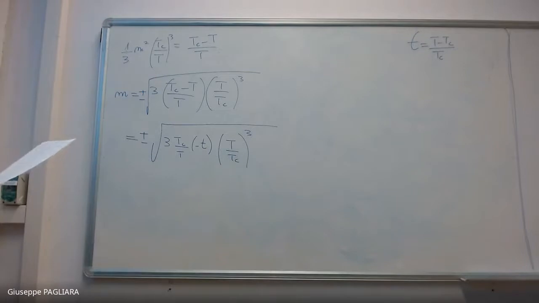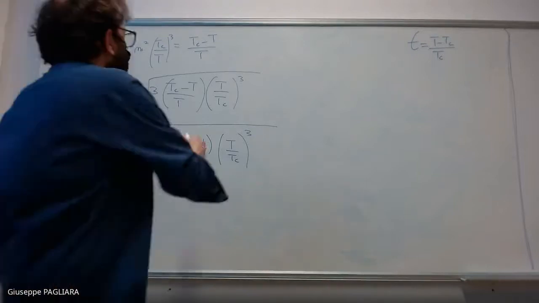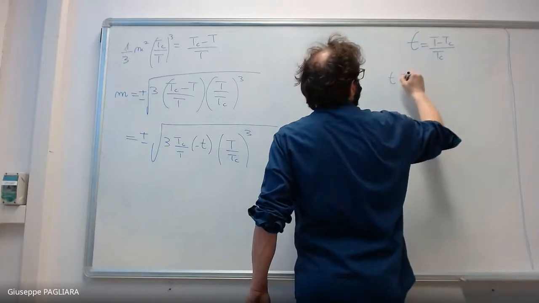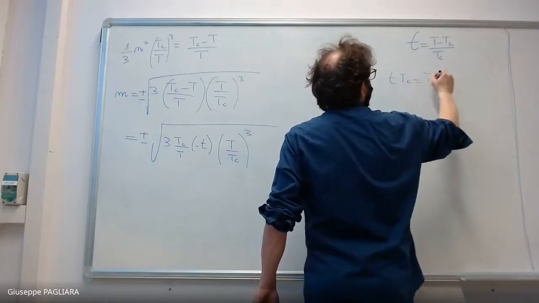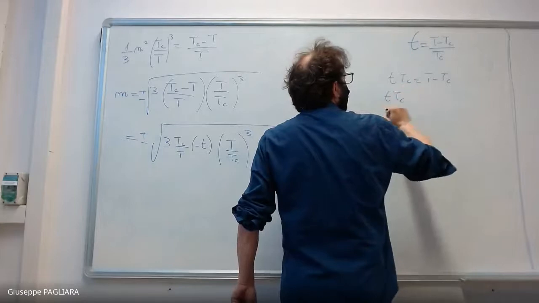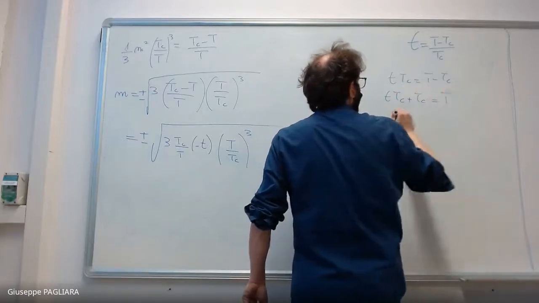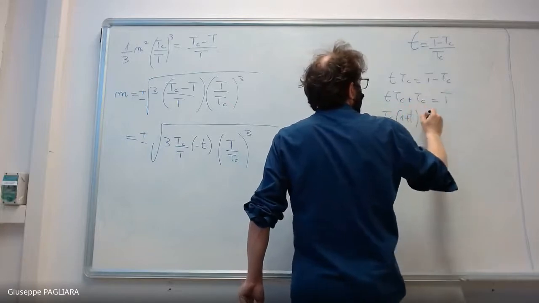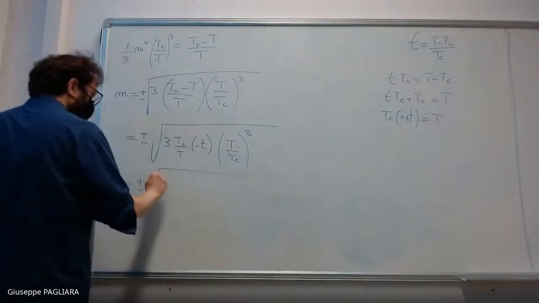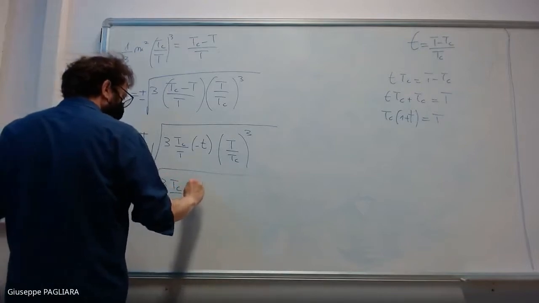Minus 3t. Okay. And then I have this T divided by Tc. And so from here I can see that T over Tc is equal to 1 plus t, or Tc plus t Tc is equal to T. And so here it should be plus minus. Here I have 3 Tc divided by T, with a minus t.